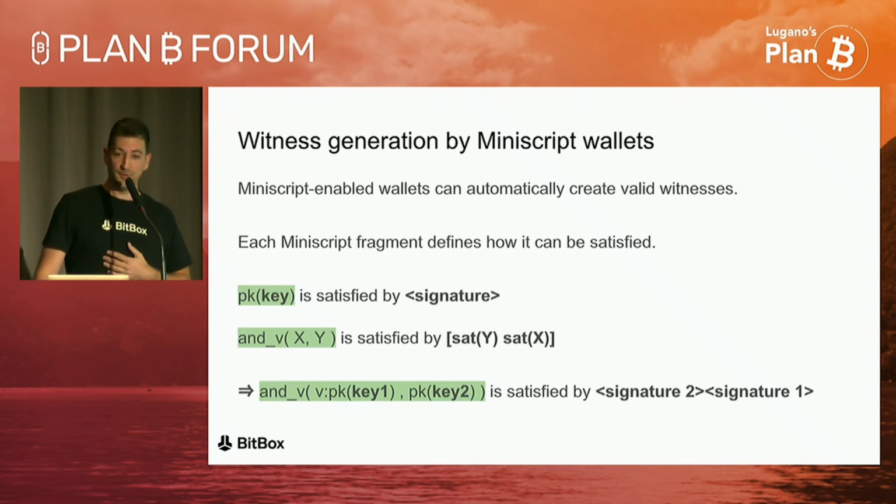So, the question was how do you define witness? The definition of a witness is this: when you receive a Bitcoin and then you want to spend it, this program runs, the Bitcoin script, and the witness is the input to this program.